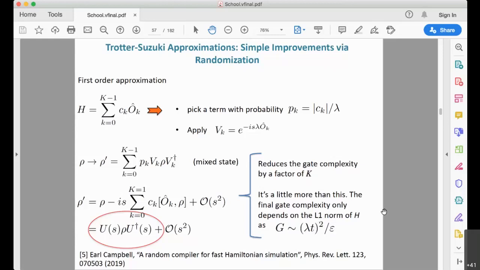So this can be a big reduction if your Hamiltonian has many terms. In fact, you may deal with Hamiltonians that have an infinitely large number of terms, and as long as this L1 norm lambda is bounded, then this method works, all right? Because there is no k complexity here. It depends on this lambda, which is the sum of the coefficients. So this was interesting.